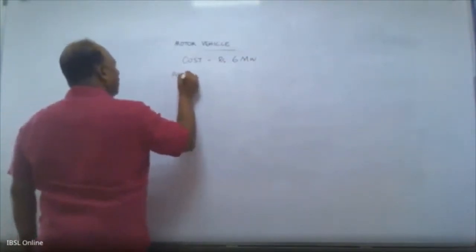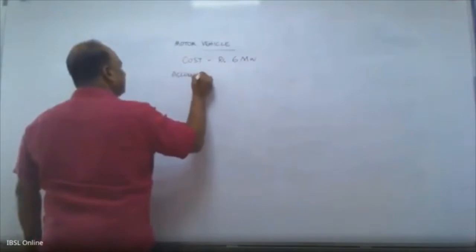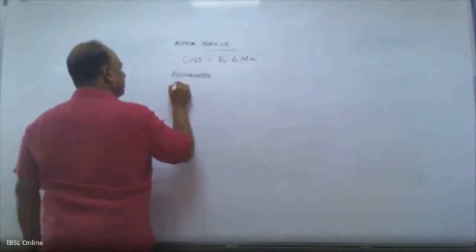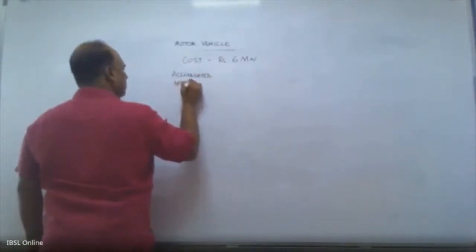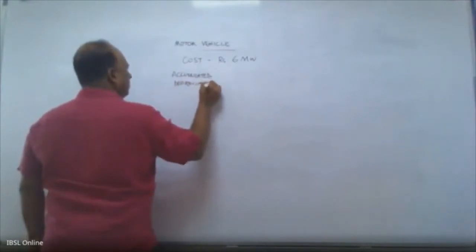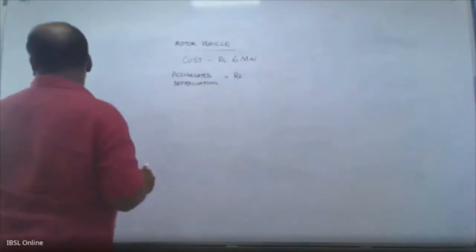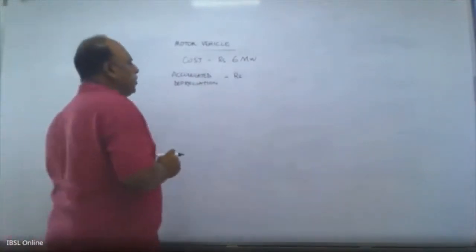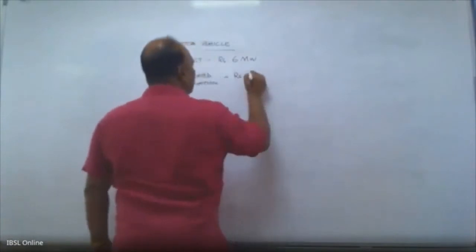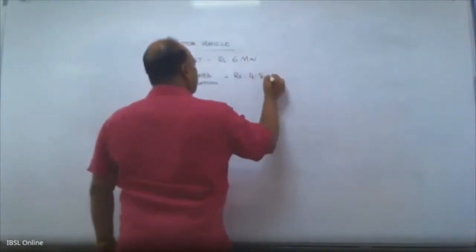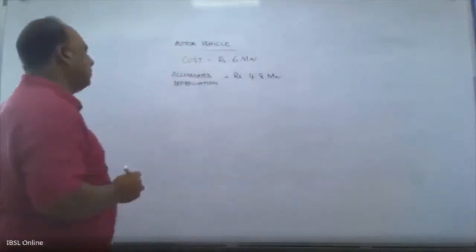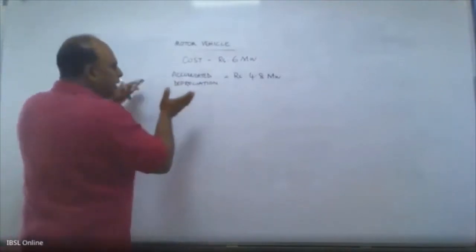accumulated depreciation: let's say you are using it for 5 years. 5 years means 1.2 a year, so you have a depreciation of 4.8 million. So now this vehicle is currently in this situation. Cost is 6 million.